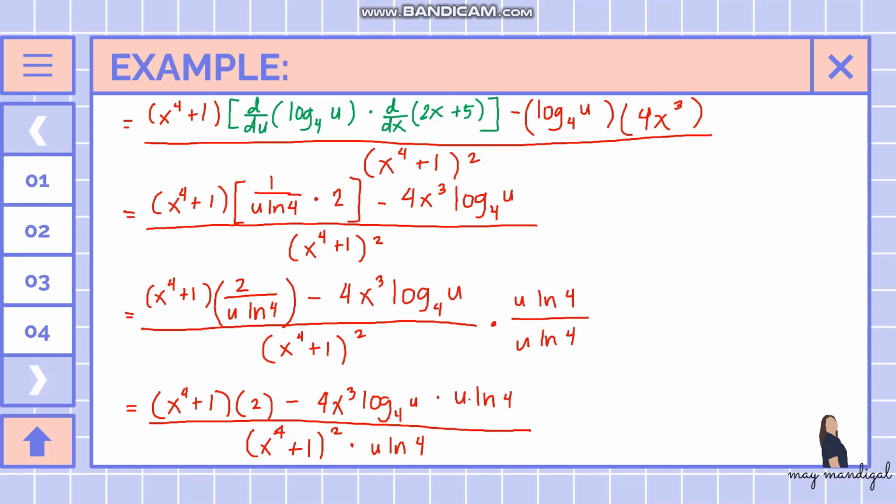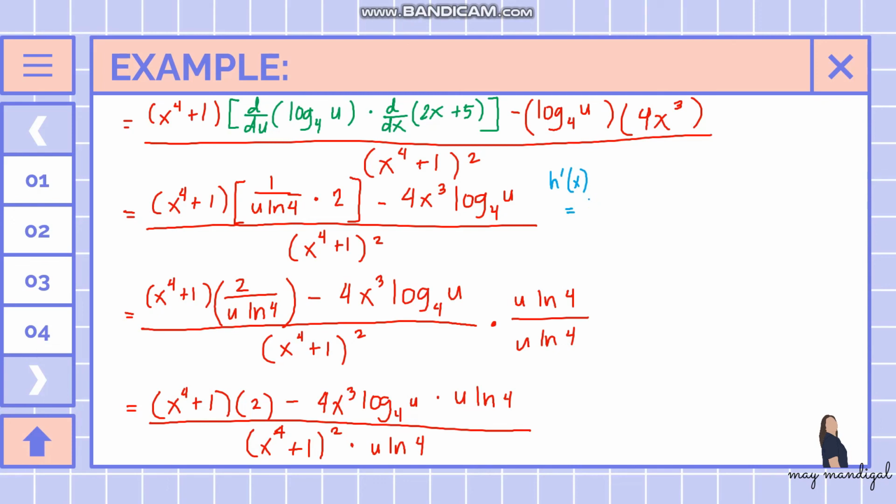The last step that we have to do is just to write it back into its original form, wherein we substitute all the u variable with 2x plus 5. So let's just write here the final answer. So we have, let's multiply x raised to 4 plus 1 and 2.